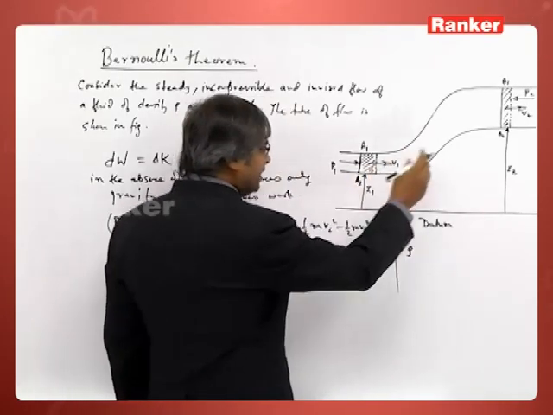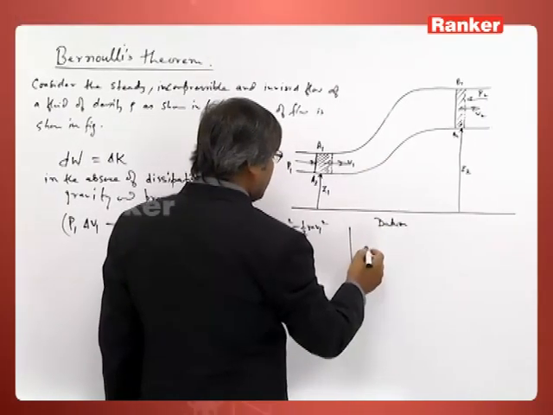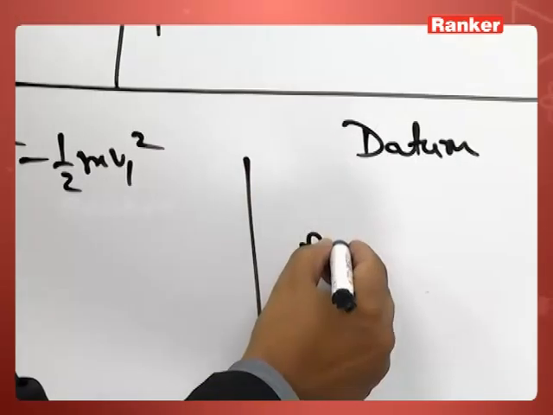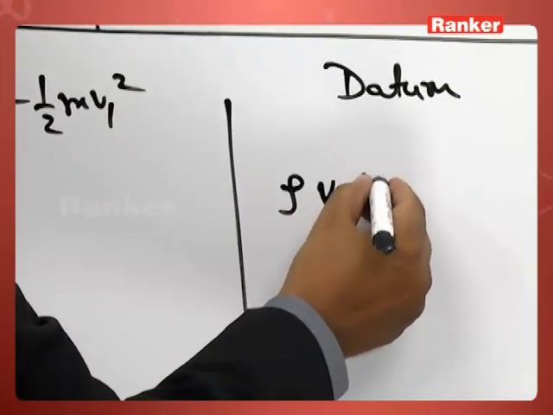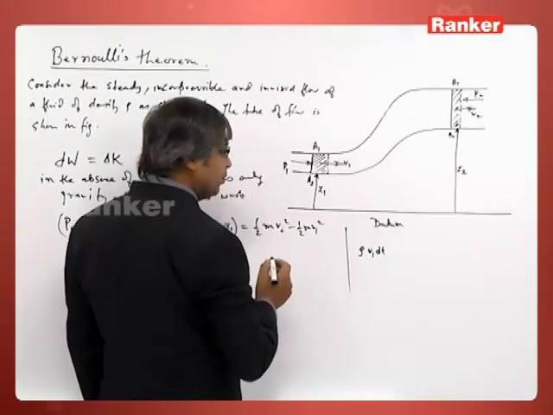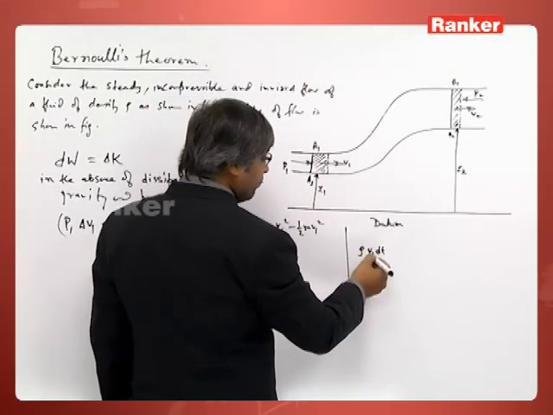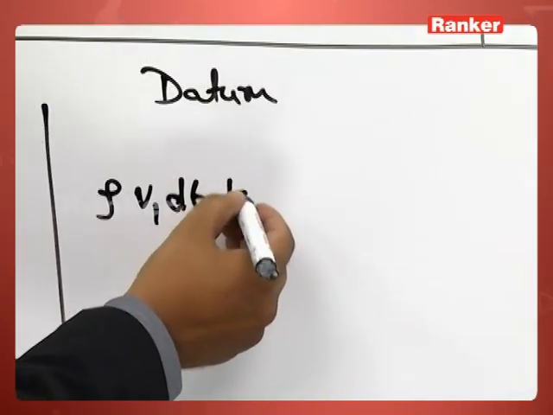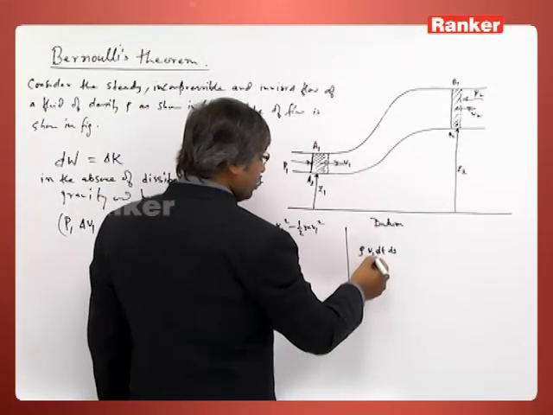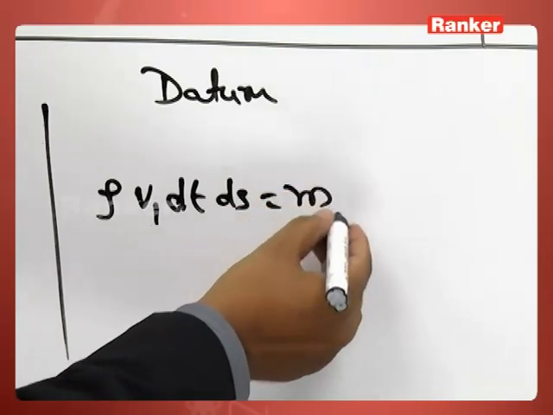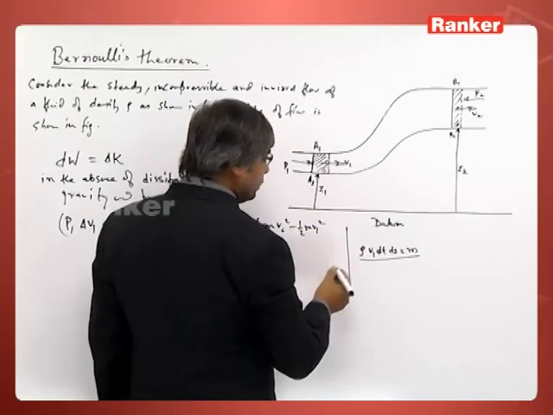The mass moved in time dt, so the mass will be rho v1 dt times the area.